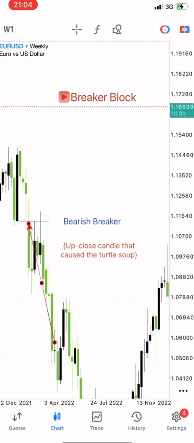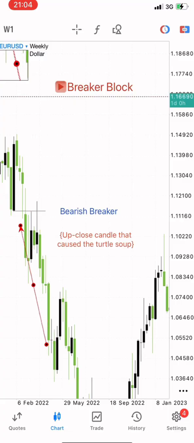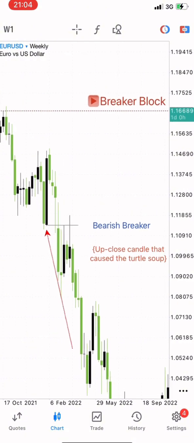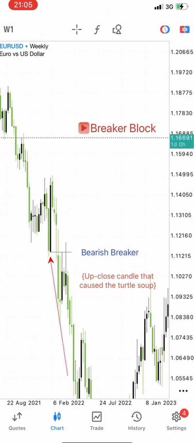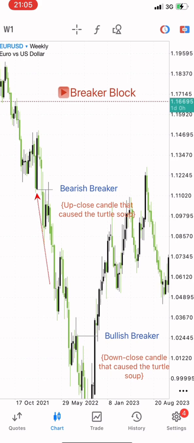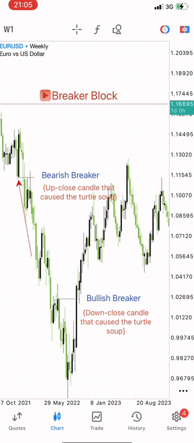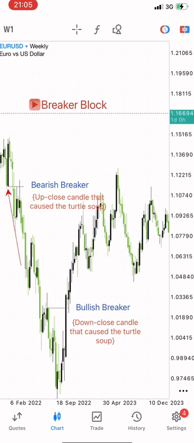Right, so it's going to be down on the bearish breaker and up on the bullish breaker. Usually, more often than not, that is where they offer you a zero to the tick entry, zero drawdown entry, which will be spoken about later in the next chapters.